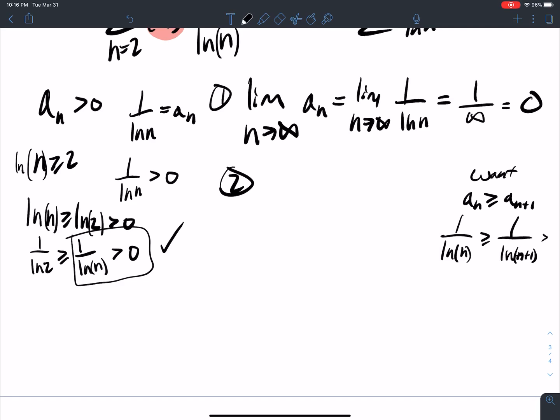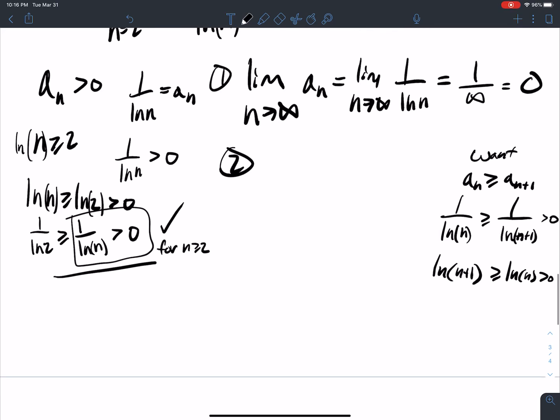So I know that these terms are all greater than 0. Okay, I already showed that here. So every an term is bigger than 0 for n greater than or equal to 2. So what does that mean?